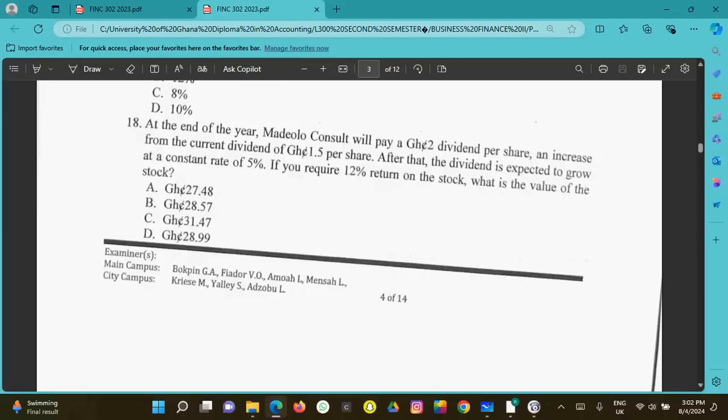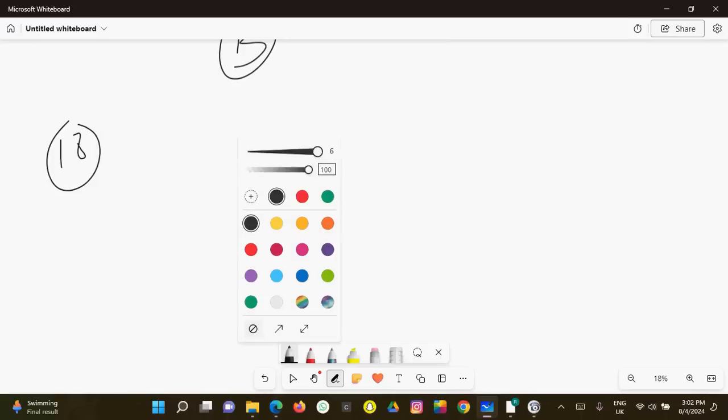What is the value of the stock? So this is a supernormal growth stock. So what we are going to do is find the price at where it became constant, and then discount it back with the dividend that has been paid.